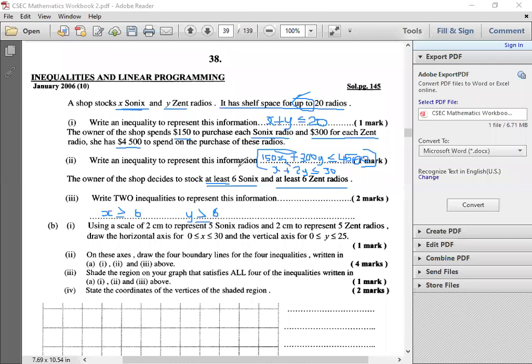Greater than or equal to. No more than is less than or equal to. So remember now, if you see at least, it's greater than or equal to. No more than means you can't go over it.